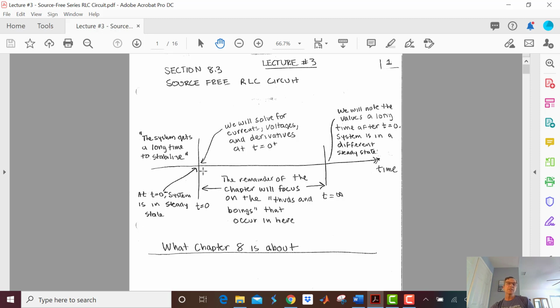Now, let's take one of my juggling beanbags. I'm going to start here with the beanbag up here, and I'm going to hold it so it's at steady state up here, and then I'm going to drop it. And it's going to go thump, and I'm going to get a thud.